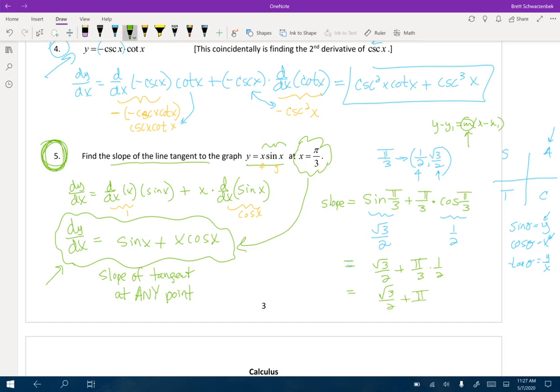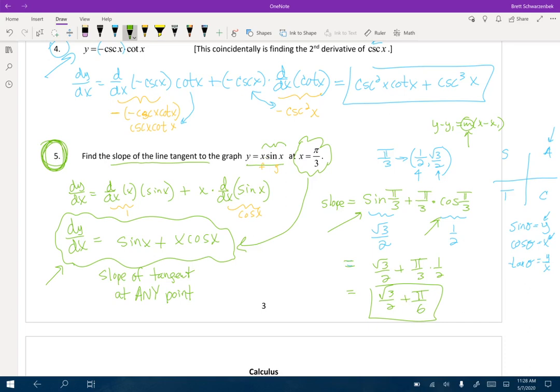Now, just a note here. Some students will immediately launch into decimal work right here. Do not do that. That is a horribly bad habit. If this was an application problem, like a word problem, and we need to find measurements and such, then yeah, we would launch into decimal work, because we need that in order to do measurements.